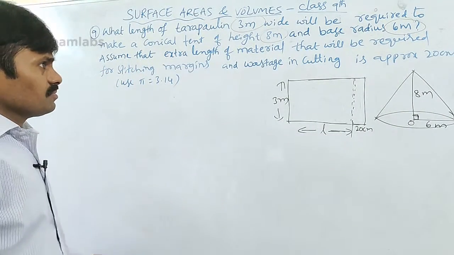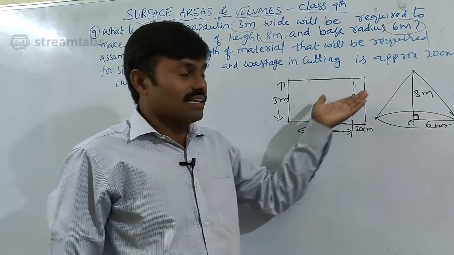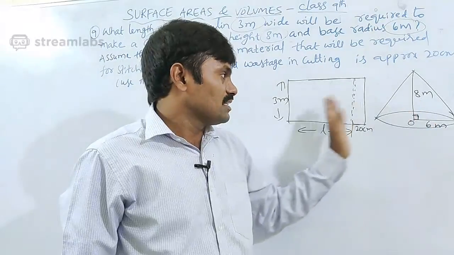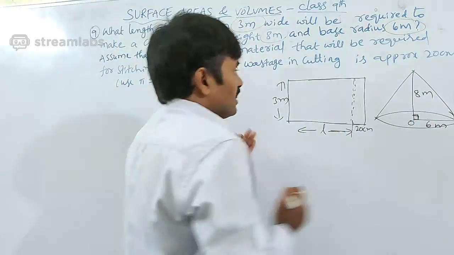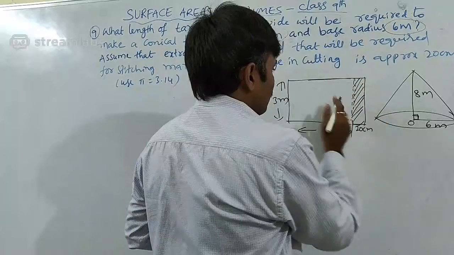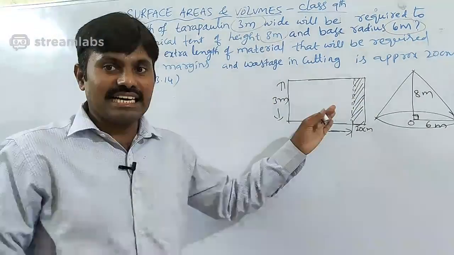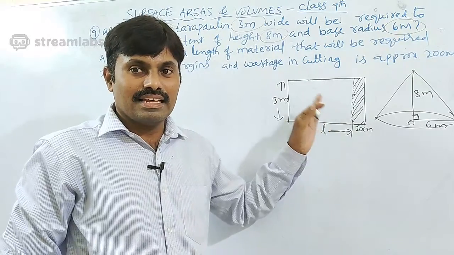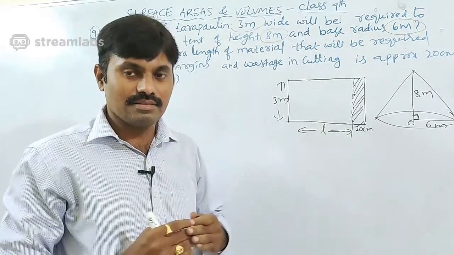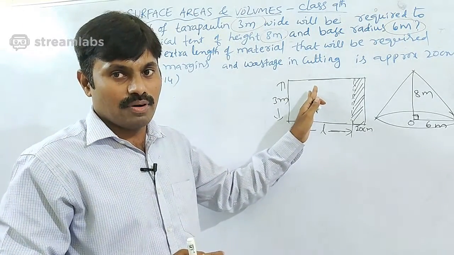See, first of all we have to find, what is used here? This tarpaulin is used to make a tent. So this shaded area is used for stitching and margins. Then what is the remaining part? This unshaded area is the remaining tarpaulin.